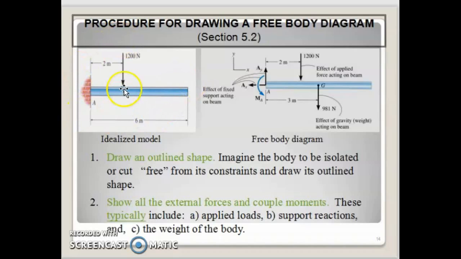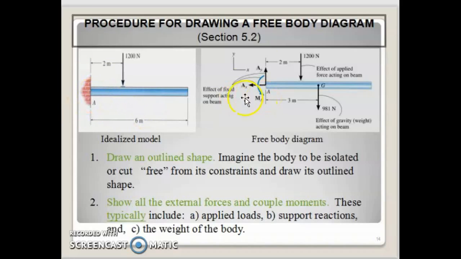The first one is of course the external force here, and the second one is the weight of the rigid body itself, the beam here. The third one: is there any joint or support involved? You need to consider that also. In this case, the beam is attached directly to the wall here, so a support reaction occurs between the beam and the wall.